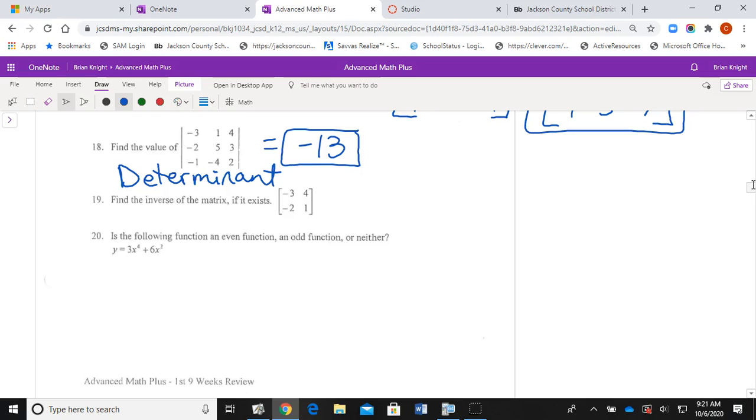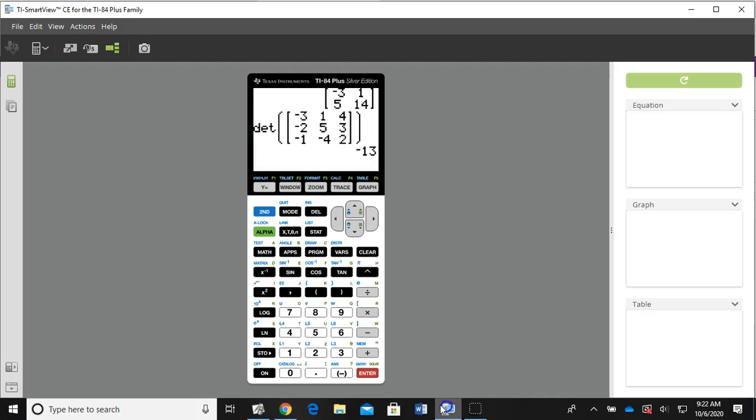19, they're asking us to find the inverse. So, all that means is we put this matrix in our calculator and do the -1 power again. And that's it. It will give us the answer. So, go back to my calculator. That was a 2 by 2, right? So, alpha zoom, change my dimensions to 2 by 2.